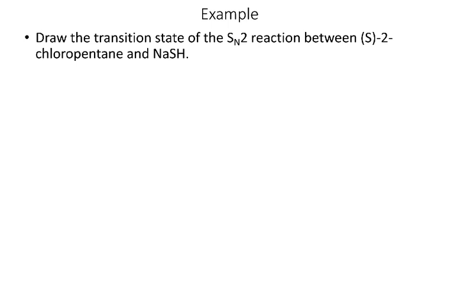Okay, and for our last video, we want to draw the transition state for this reaction that we drew on the previous slide. I'm going to have my carbon that's being attacked in the center. The chlorine is going to be leaving.